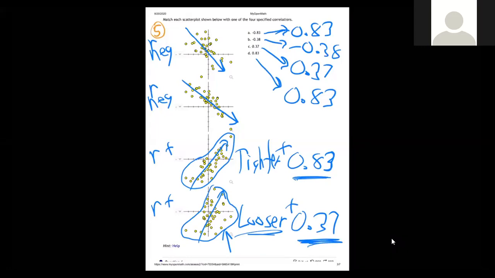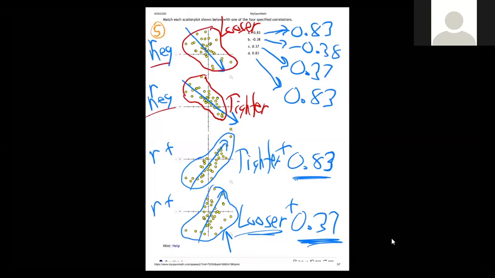Okay, let's try the other two. So here we have this data, and then here we have this data. Which one of those is tighter? In fact, I didn't even do this correct. Let me just do that. There we go. This one's tighter, isn't it? See how that's tighter? This is looser. They're both going down. They're both negative R values.